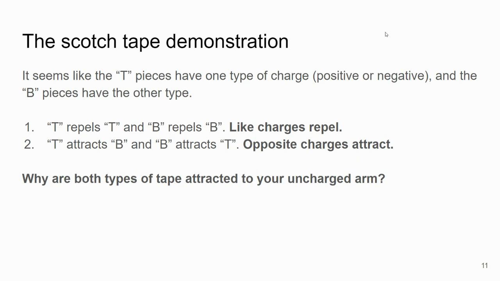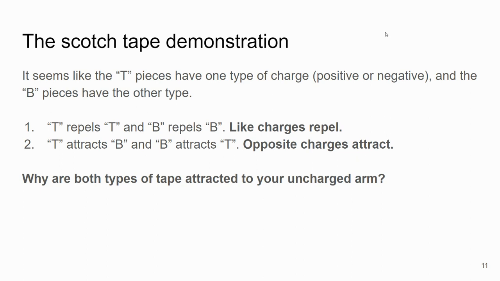The top should have had the same kind of charge, and the bottom should have had the same kind of charge, which was opposite from the kind that the tops had. By holding these pieces of tape together and keeping track of which one was which, you should have found that the tops repelled the tops and the bottoms repelled the bottoms because like charges repel. And the tops would attract the bottoms, and the bottoms would attract the tops because they would have had opposite charges, and opposite charges attract.